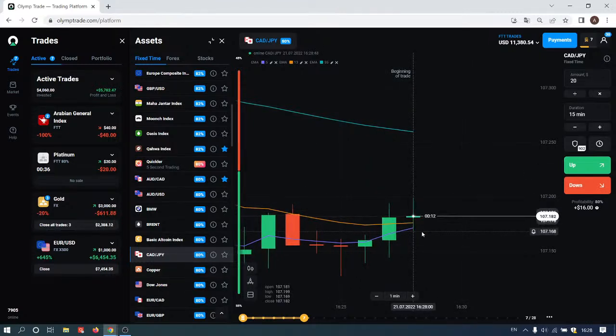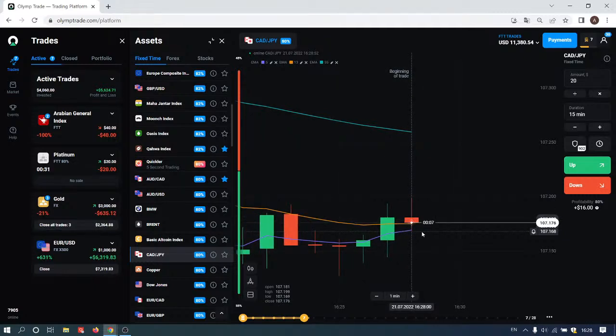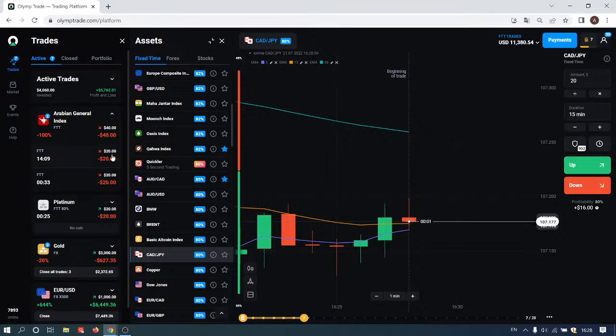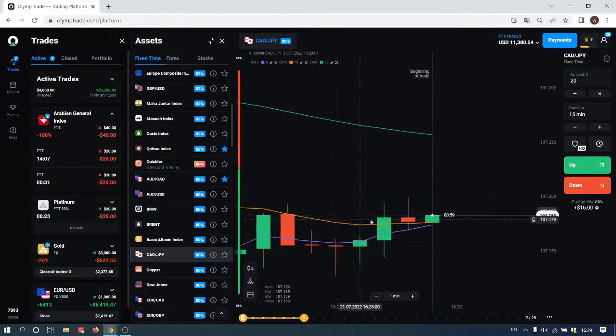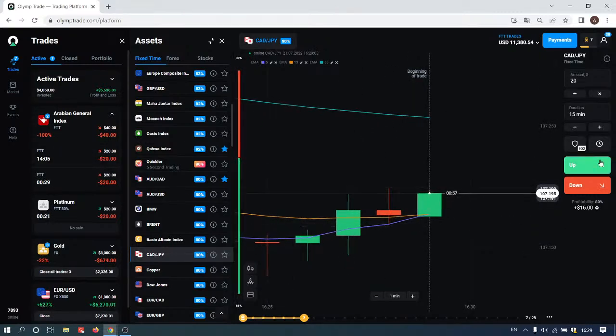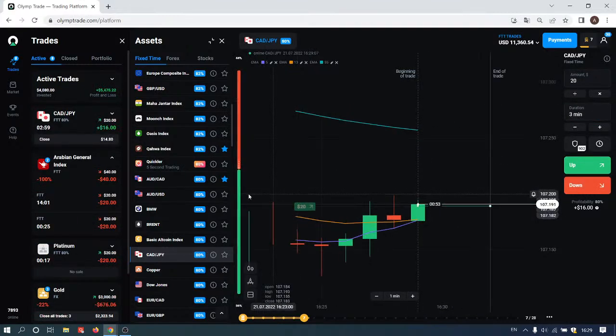Let's just wait, and hopefully we'll open the trade, if the crossing actually does happen. Oh, it's 15 minutes because of that.